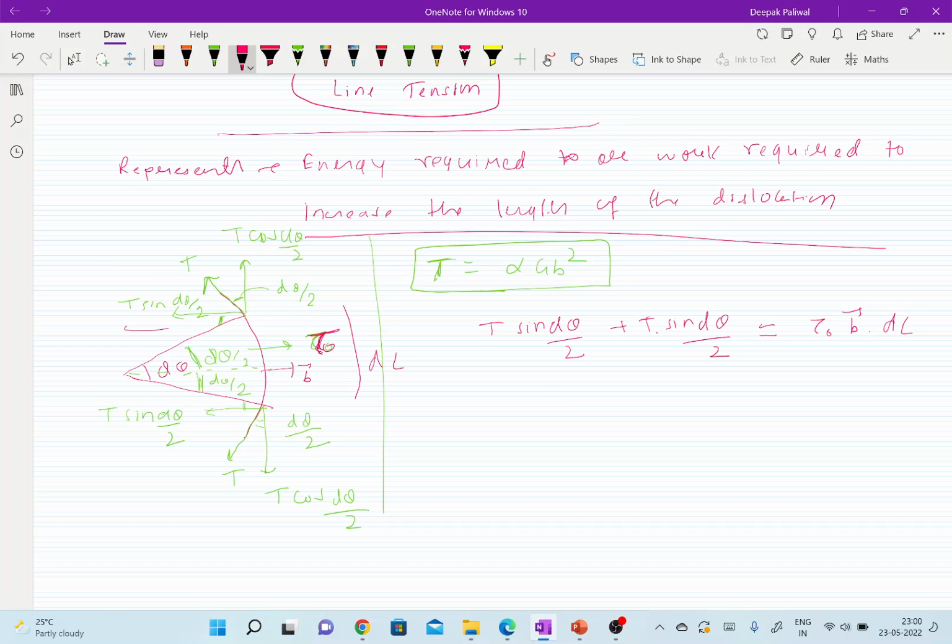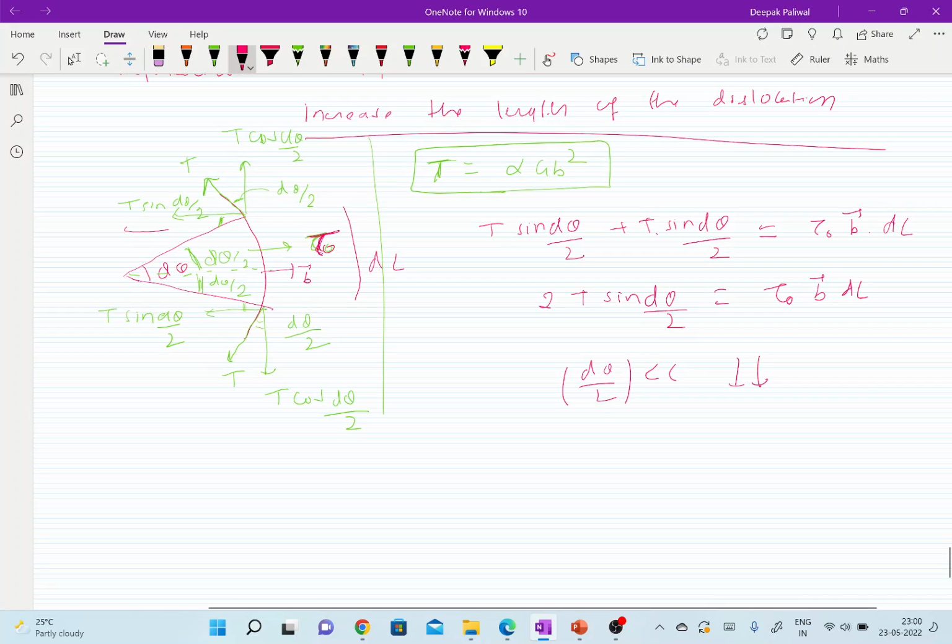So this will sum up: 2T sine d theta by 2 is equal to tau naught b dl. Now we know d theta by 2 is very small. Then we can write 2T d theta by 2 is equal to tau naught b dl.